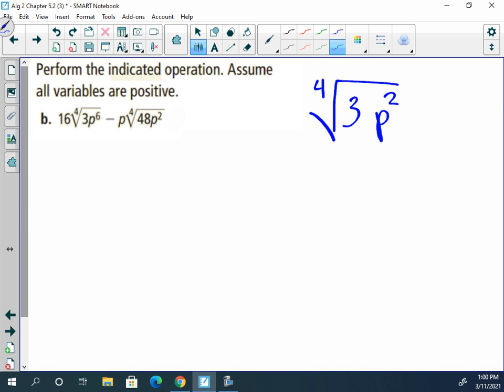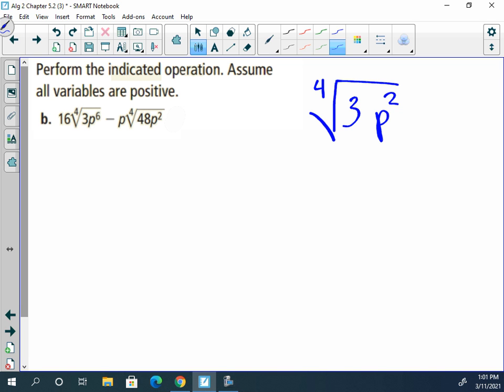Because can we simplify 3 in the first one? Well, no, we can't simplify it at all, right? So it's going to be left over when we start adding and subtracting, needing to get them to be the same. P squared, I can't simplify it any further than that. So most likely what we're looking for is this root to become the 4th root of 3p squared. Because if they both become that, then we can add or subtract.